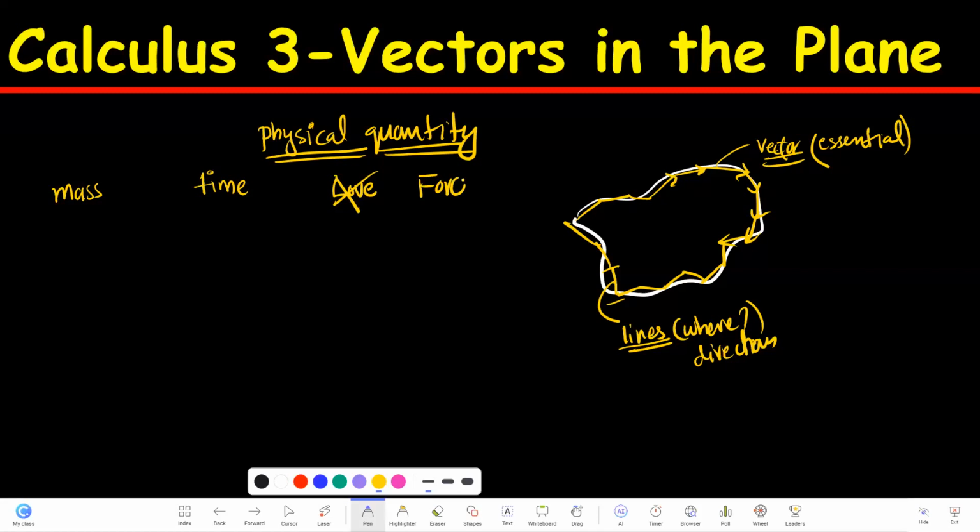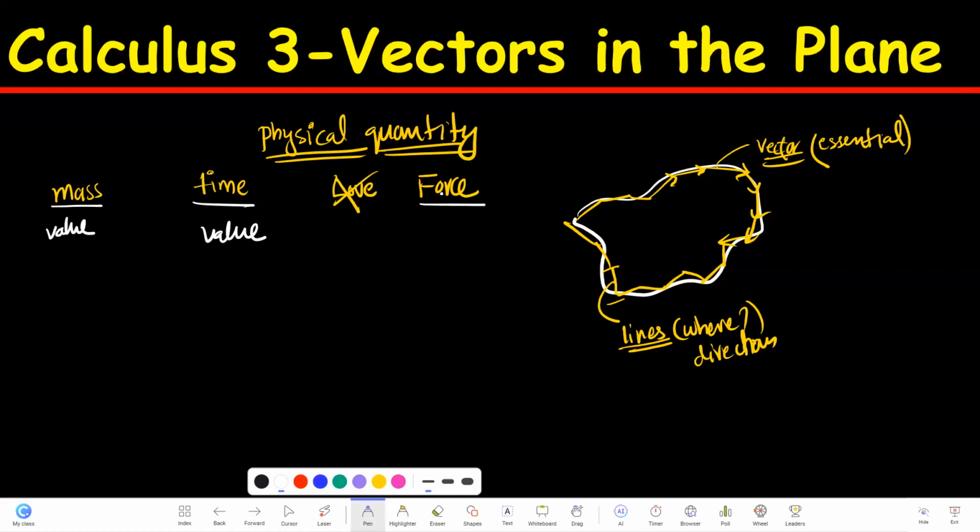Force. Can you feel force? Yes. If somebody tries to push you, you can feel it. Force is a physical quantity. So we have two kinds of physical quantities. Some only need a value, or I should say magnitude. The better word is magnitude, but I use the word value.